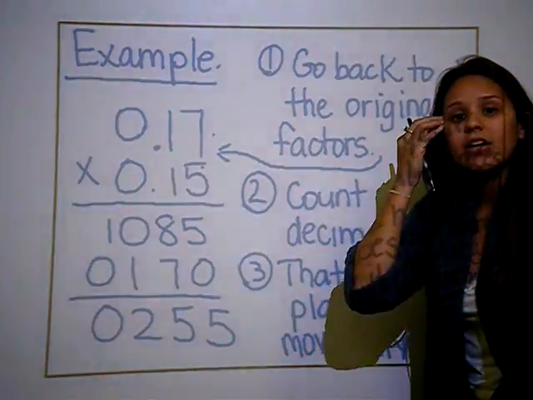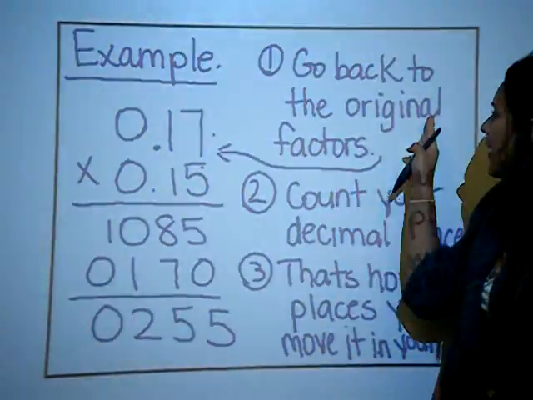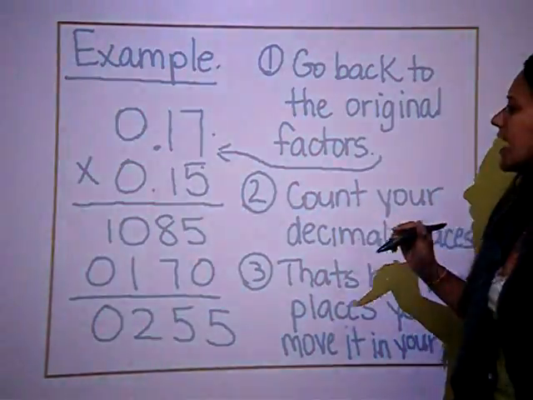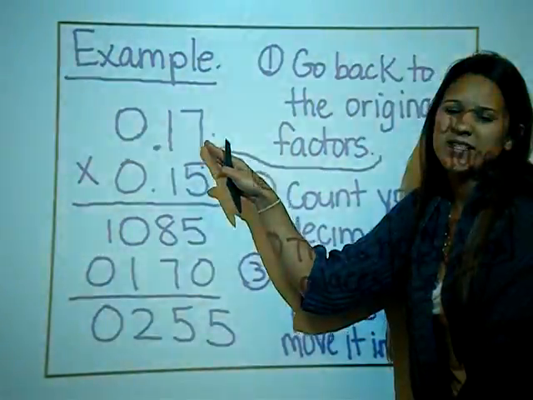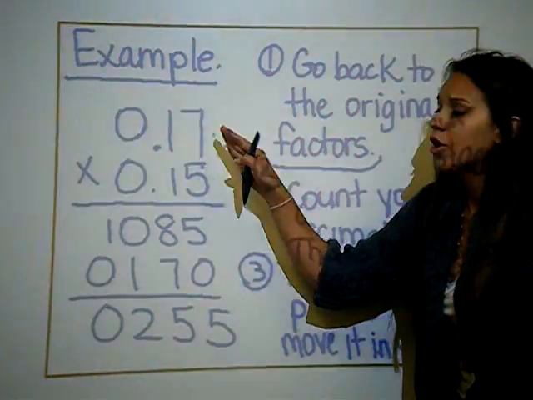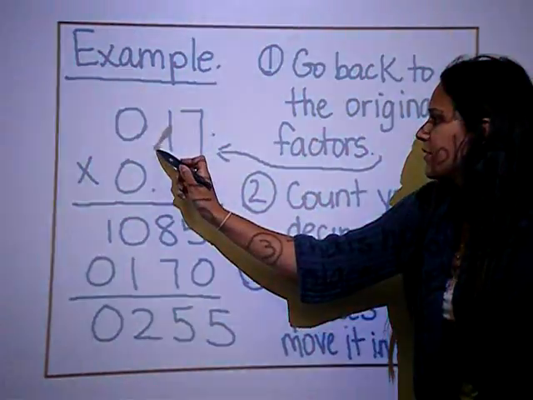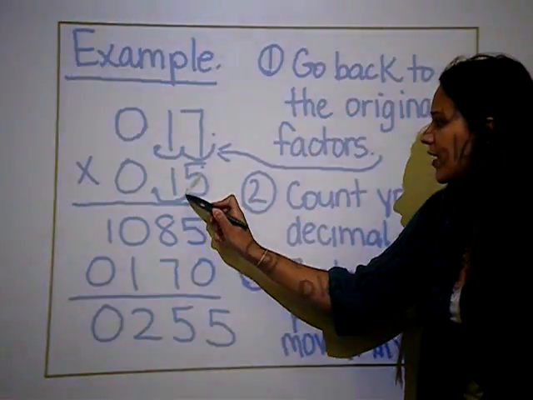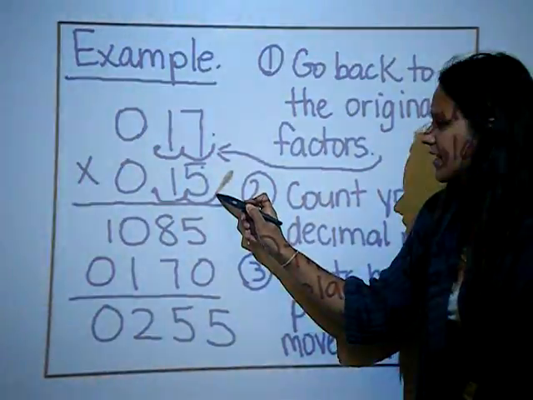Now, here's where we added on stuff. We talked about going back to the original factors and counting your decimal places. We did that yesterday, but we only counted the top number because that was the only one that had the decimal place in it. Well, today we're going to count both. So in this case, we have 1, 2, 3, 4 decimal places that we need to move over.